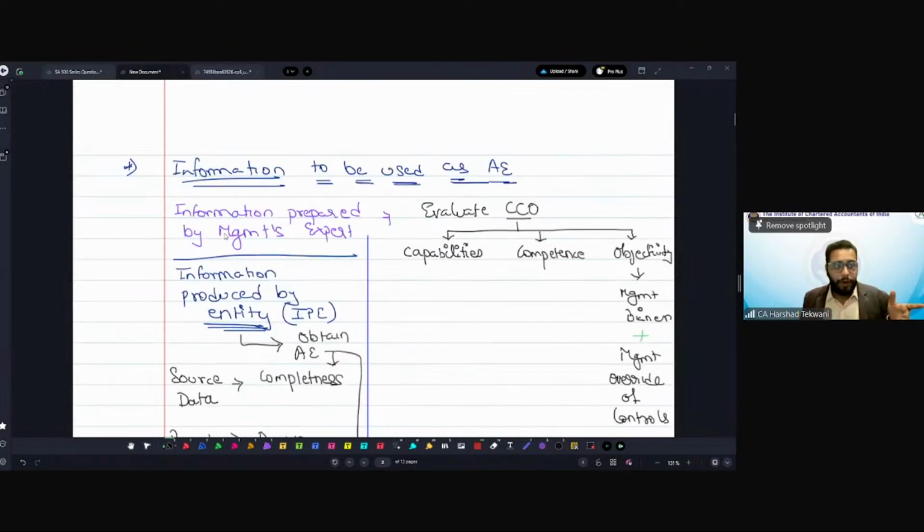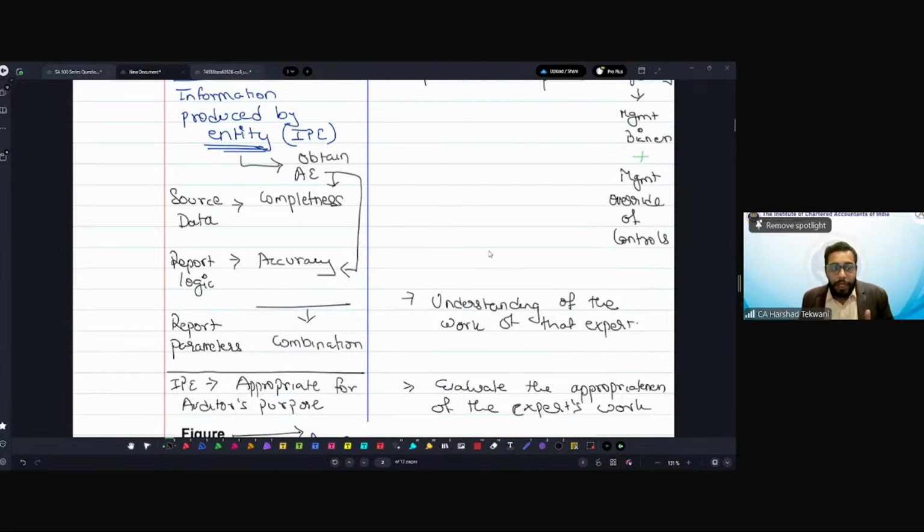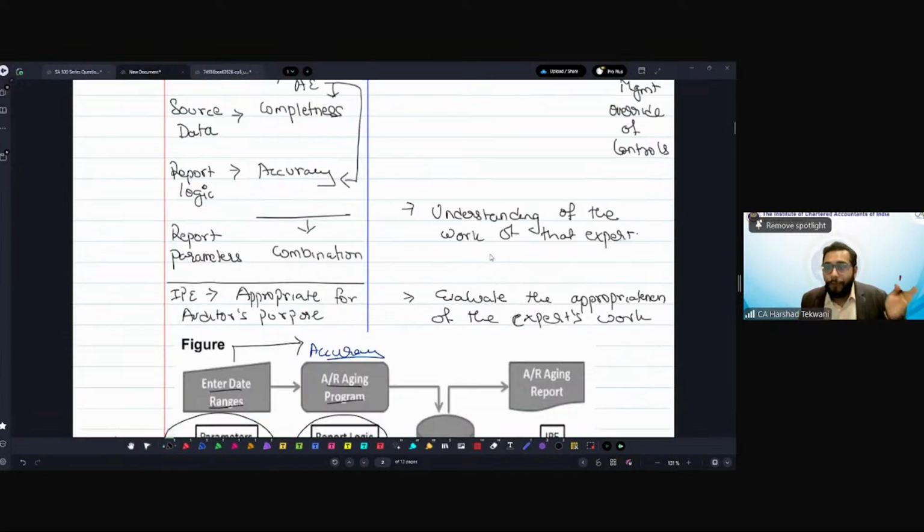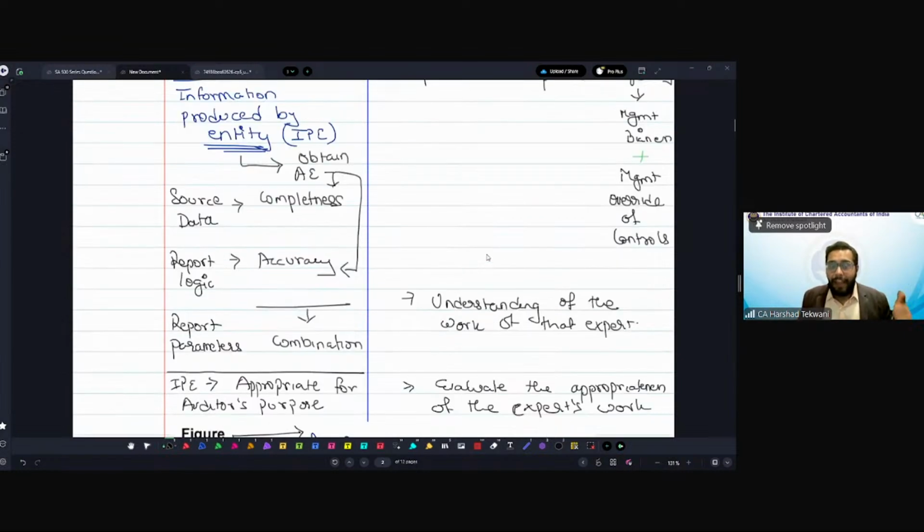We discussed information prepared by the management expert, or sometimes the management expert uses this information. For that also, we need to perform these procedures. If the management expert has used the information produced by the entity, we need to evaluate the management expert's competency, capability, and objectivity. We need to evaluate the appropriateness of the work.